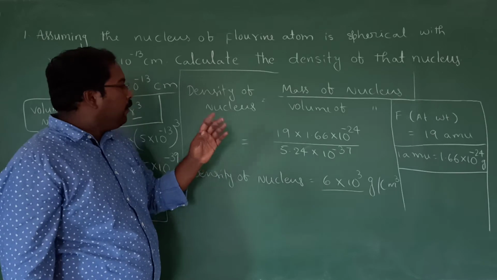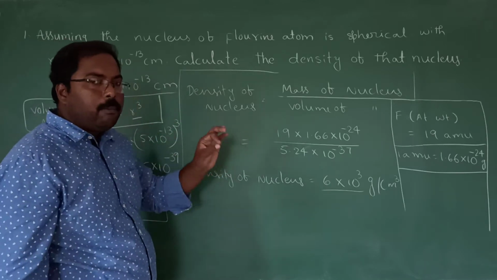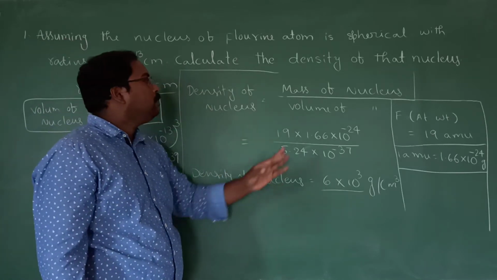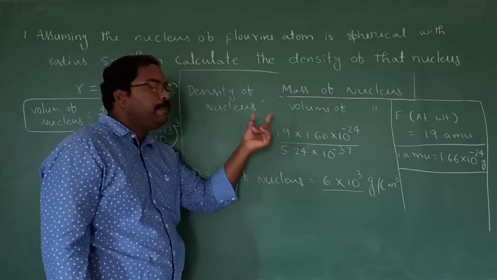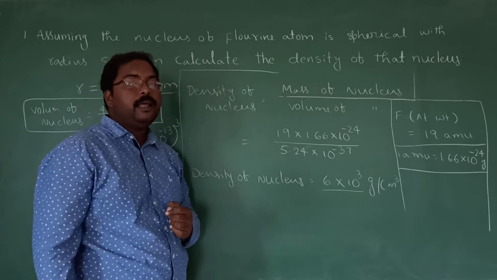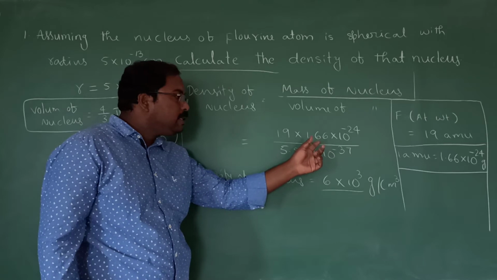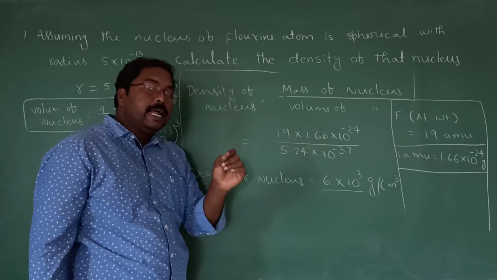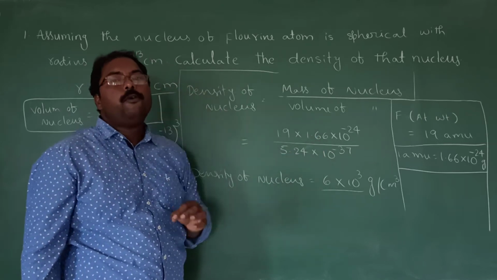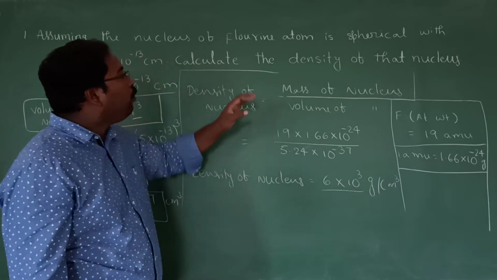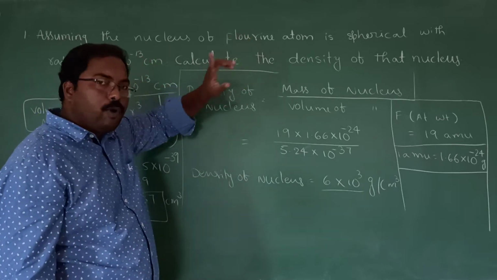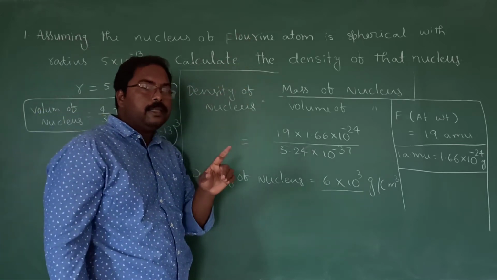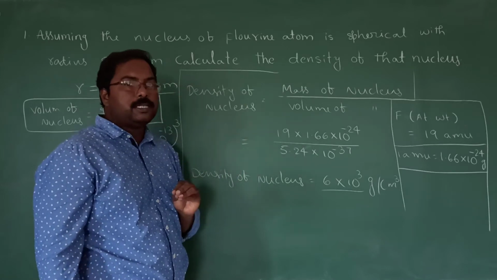Everyone knows this concept, but the mistake they make is taking the mass of the nucleus simply as 19 grams. But why do we multiply with this number? The 19 grams is for 1 mole of fluorine atoms, but we want the mass of 1 fluorine nucleus. Right? That is why we divide by Avogadro's number.